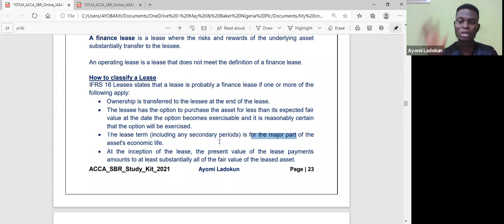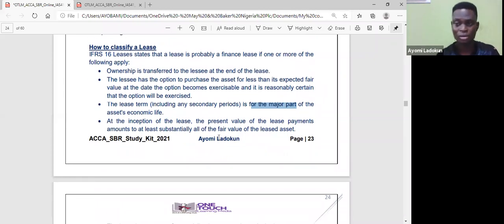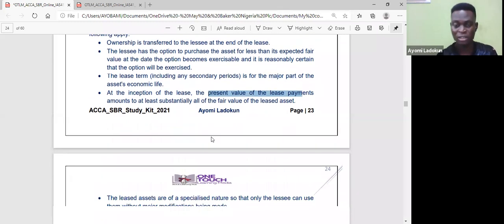For example, if the useful life is 10 years and I'm leasing the asset for 7 or 8 years, that technically means I'm leasing it for a significant part of the asset's life, so that is a finance lease. Finally, at the inception of the lease, the present value of the lease payments amounts to at least substantially all of the fair value of the leased asset.